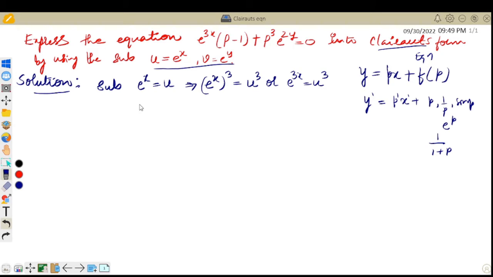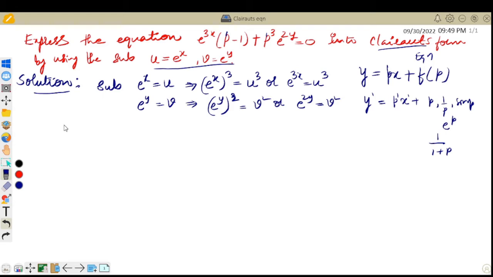Similarly, you know that e raised to y is equal to v, and here we want e raised to 2y. For that, e raised to y whole square is equal to v square, so we have taken squaring on both sides, or e raised to 2y is equal to v square. Means you have converted e raised to 3x in terms of u and e raised to 2y in terms of v, and now what you need to substitute is this small p.